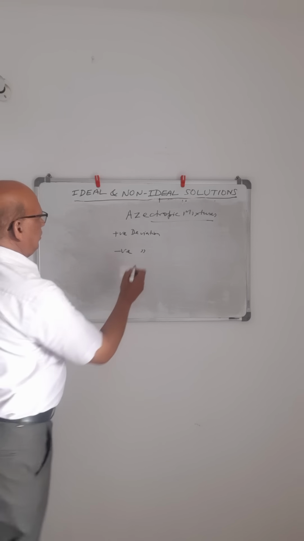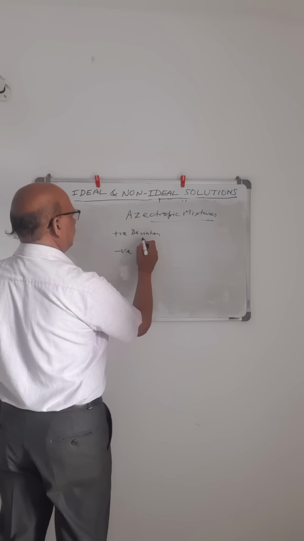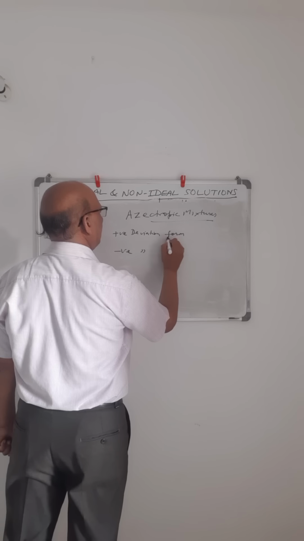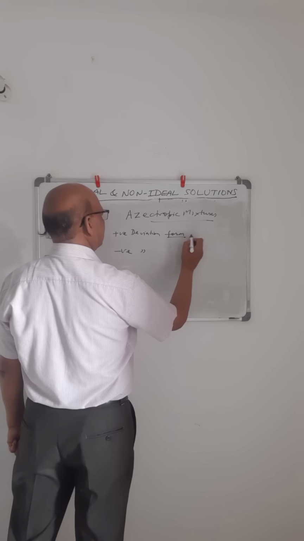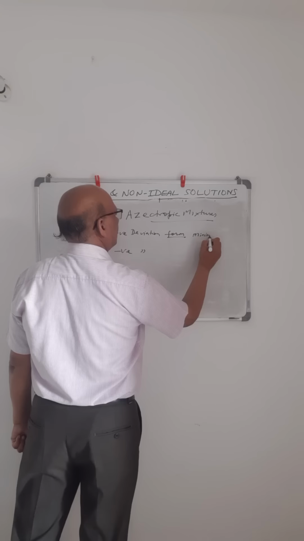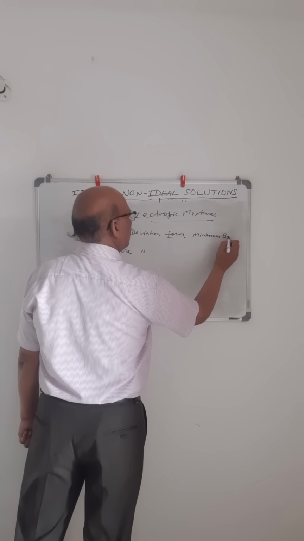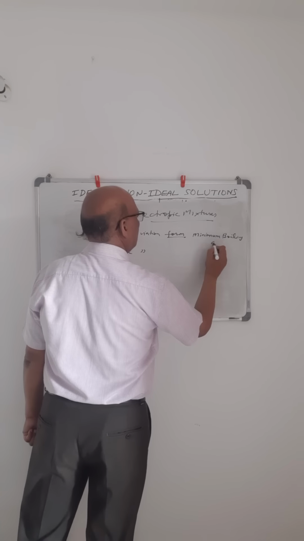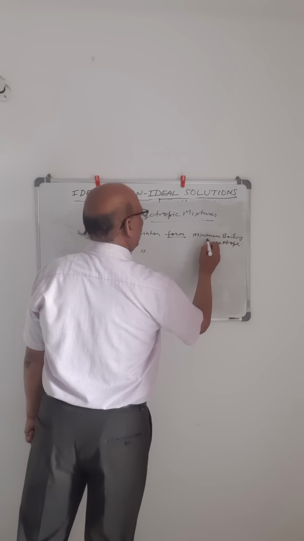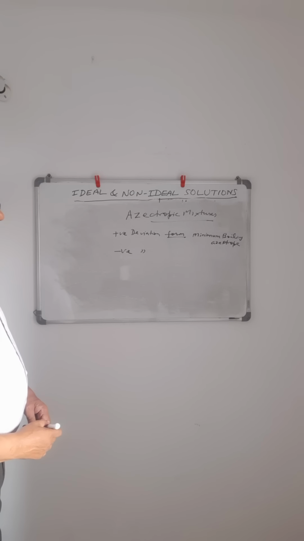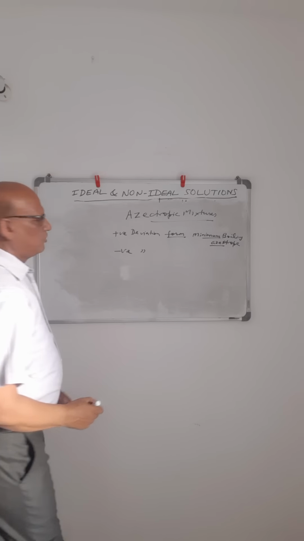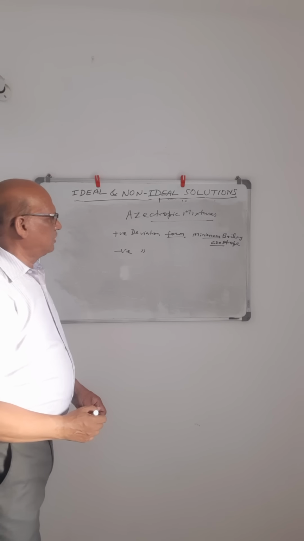Okay, so solutions showing positive deviations will form azeotropes called minimum boiling azeotropes. Why do we say minimum boiling azeotrope? Because the boiling point of the mixture at that composition will be lower than that of the individual pure liquids.